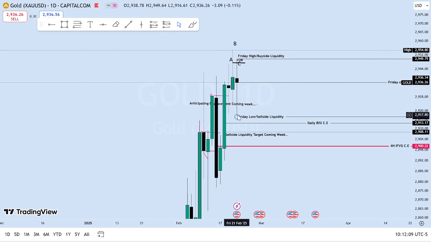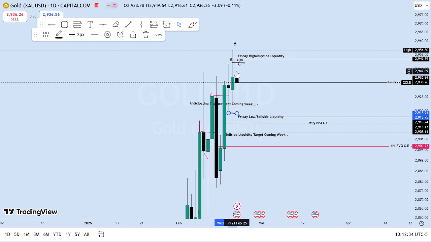Then here in the week, price reached the low here, taking out this sell side liquidity. It's like a Judas swing manipulation. Took it out, then went up again and closed right here on Friday.